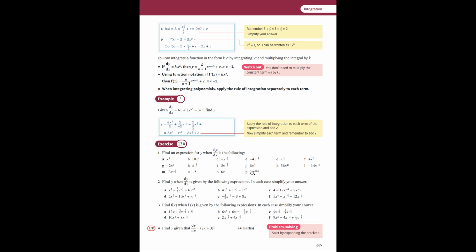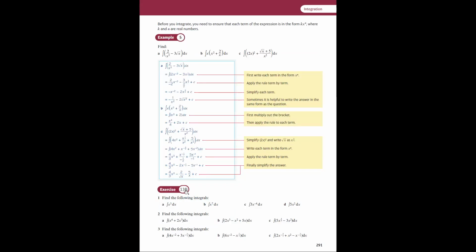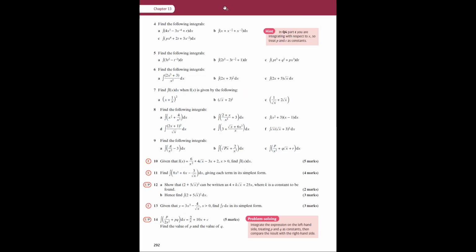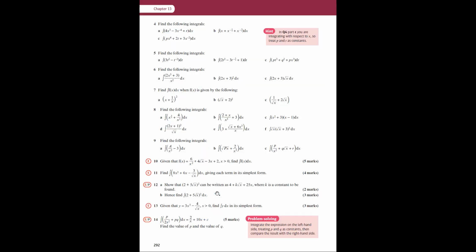Because it's new still, I think you need to try a few of these. And then I've got some questions in 13b for you as well, where we're using the integration symbol. Okay, so more important. So I shall attach those to the assignment, and good luck.